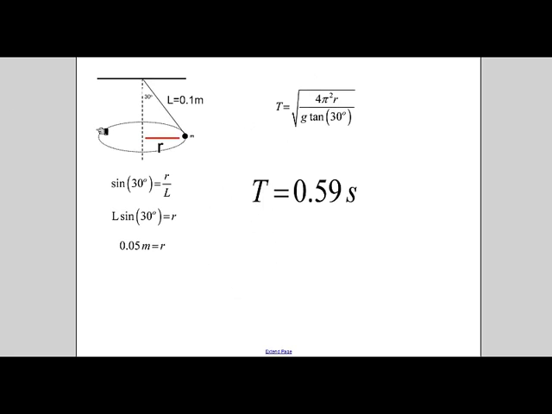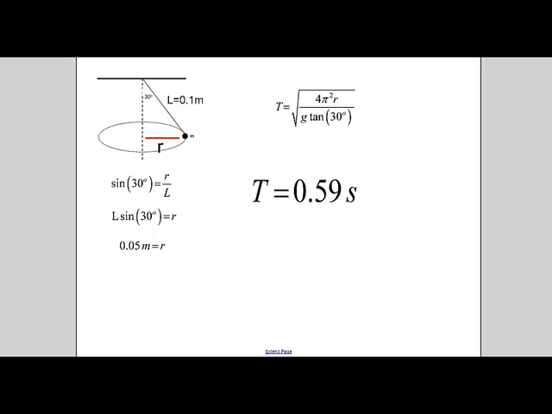Now we can relate that acceleration in the radial direction to some things like the period and the radius. So substituting in this relationship, we can do a little rearrangement, some algebra to solve for the period. And then you say, ooh, I know all these things, except for the radius. So here, we need to do a little bit more geometry.